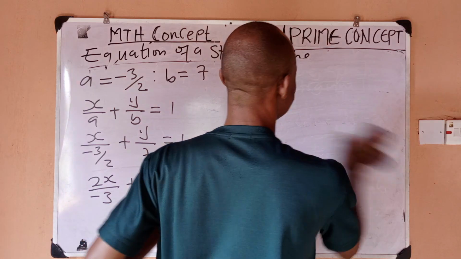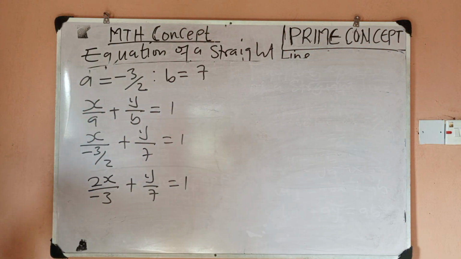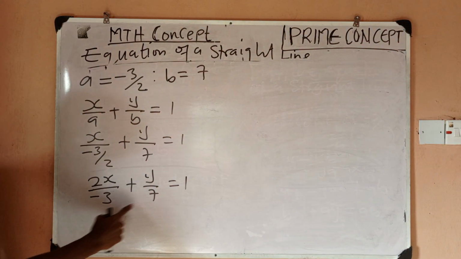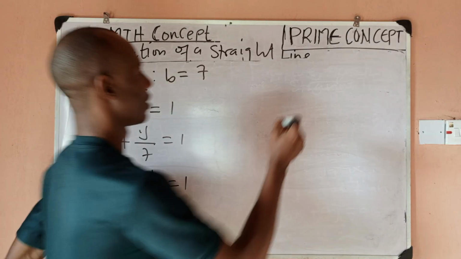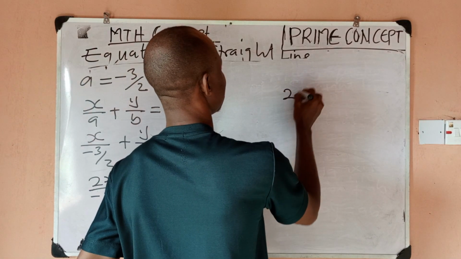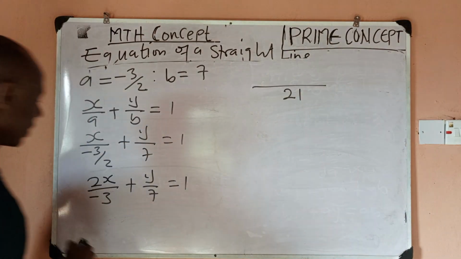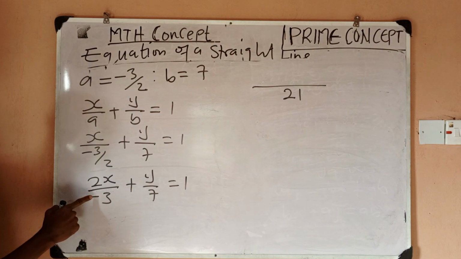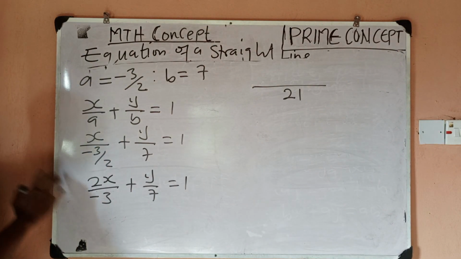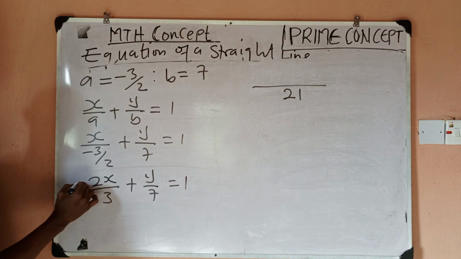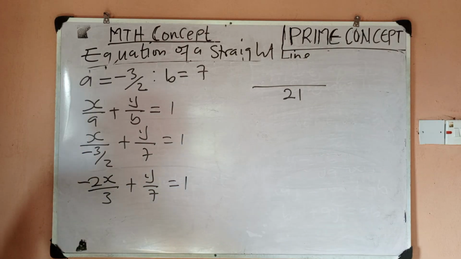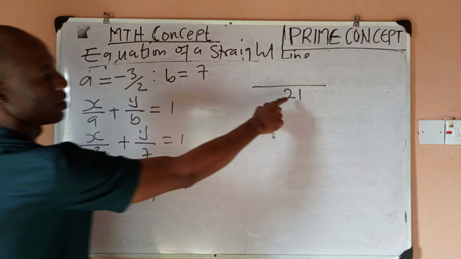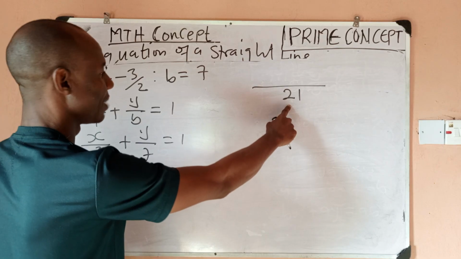So I'm going to write that equation in a better form. So what will I do now? The LCM here is what? I can say the LCM is 21. Now, to make it easy for you, this minus can stay anywhere and still be correct. So let me write it here so it won't confuse you. So 3 in 21 gives me 7.